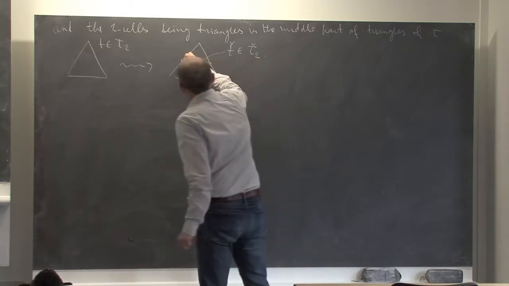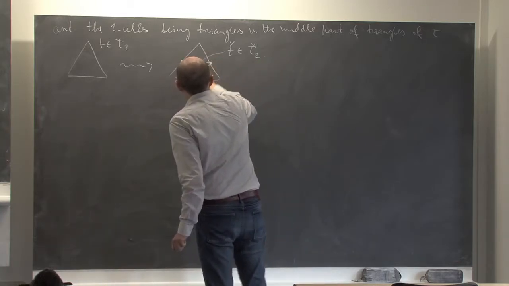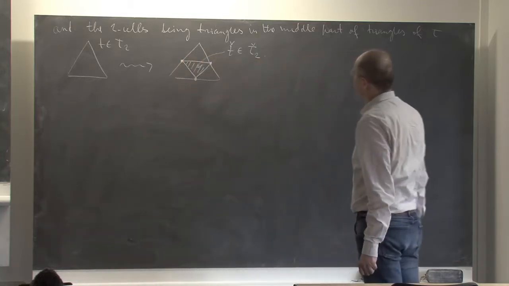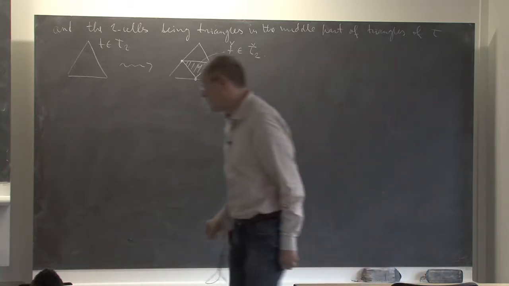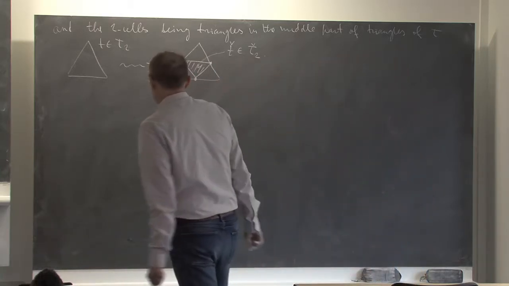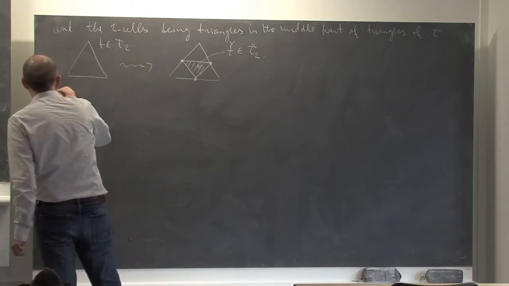Here we have 3 vertices in the middles of edges. So we get a cellular complex like this, and then there's an easy remark.